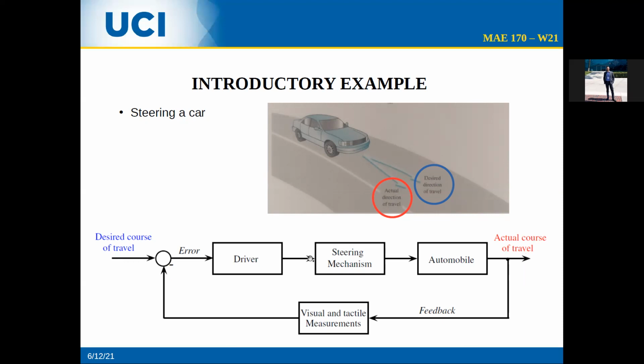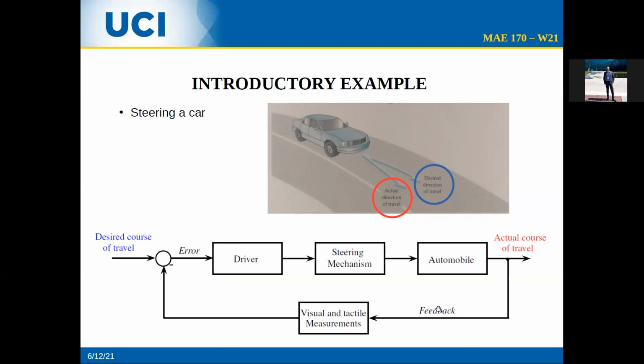Can you change the course of travel? Well, if you have some sensors, so if you are able to measure the actual direction in which the car is going, and you can do that using your eyes once again, and using tactile measurements, and depending on where the car actually is, you can change the trajectory of the car.